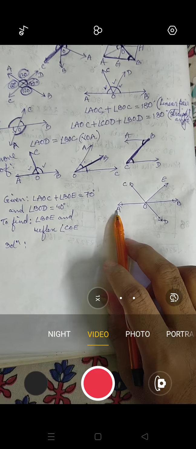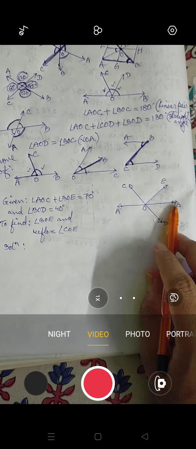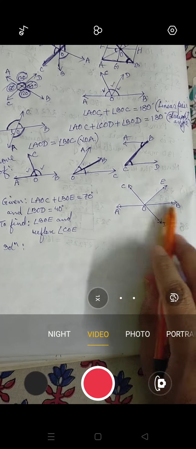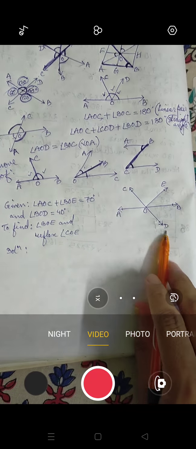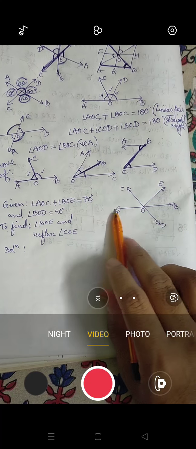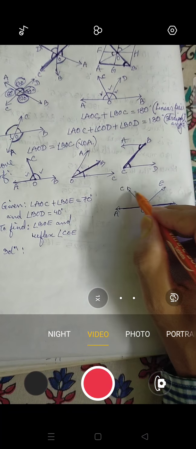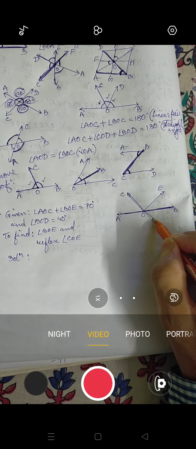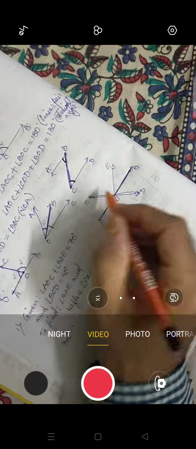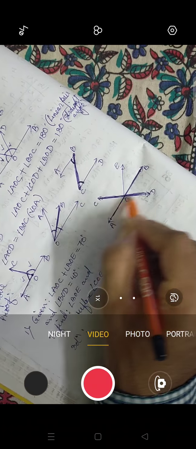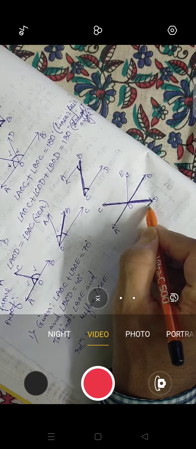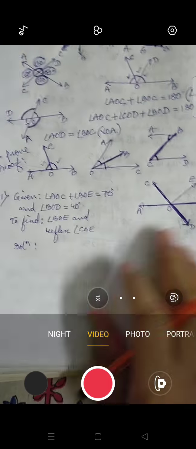Here you can see in the question it is said that AB and CD are lines. AB and CD are lines, always straight, always remember that. So we have to think very nicely. These two are lines.